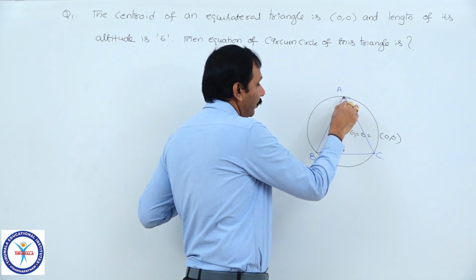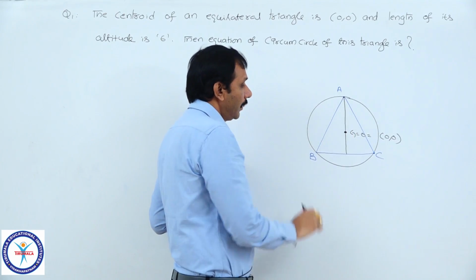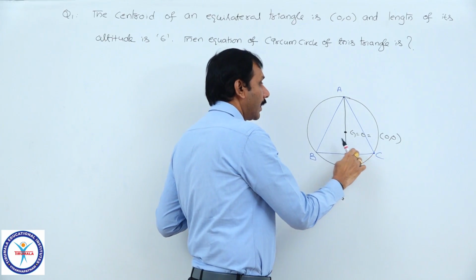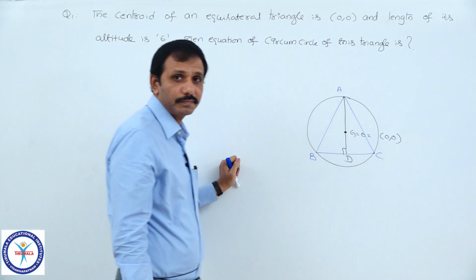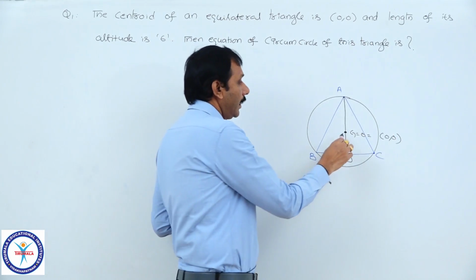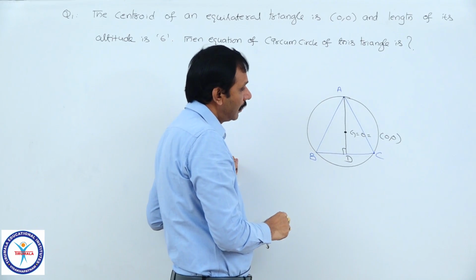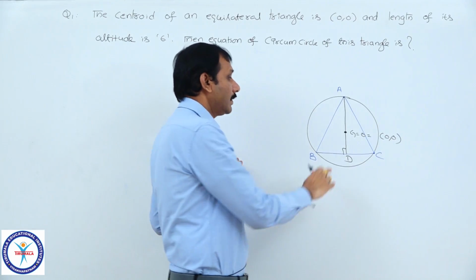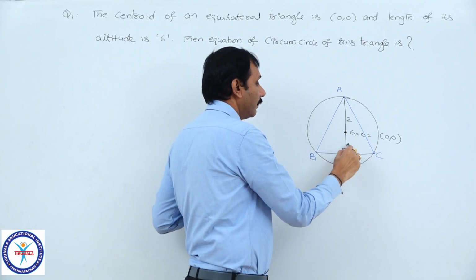Length of the altitude means, from any vertex you take, suppose from this vertex. Because it is an equilateral triangle, the altitude is nothing but the median also. And it is the centroid, and I can take it as the median. And we know the centroid divides any of its medians in the ratio 2:1.